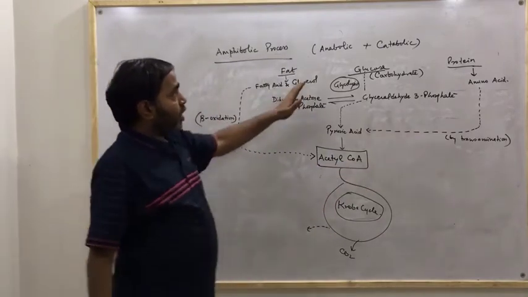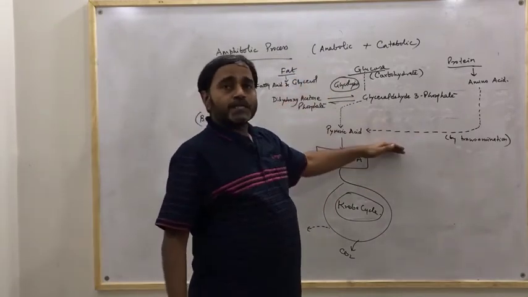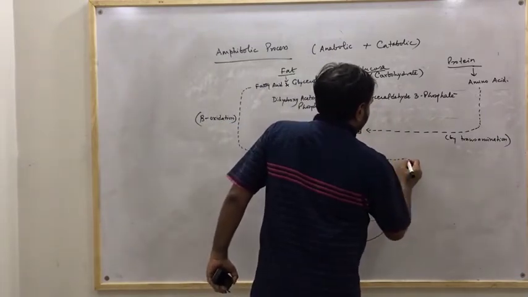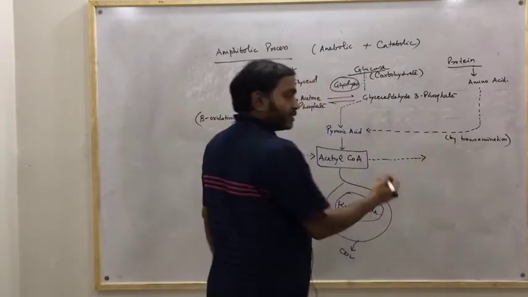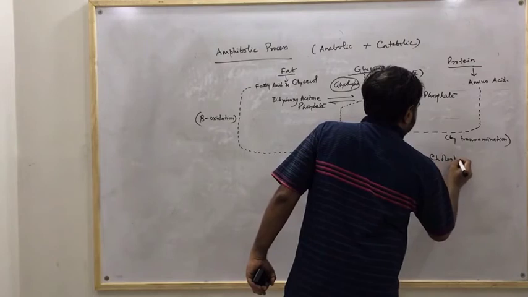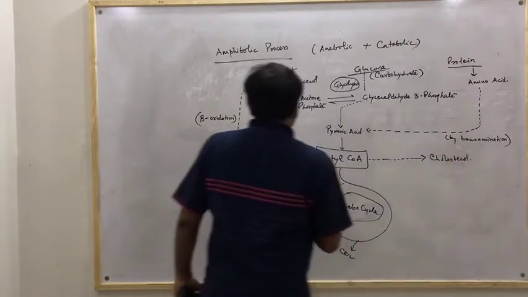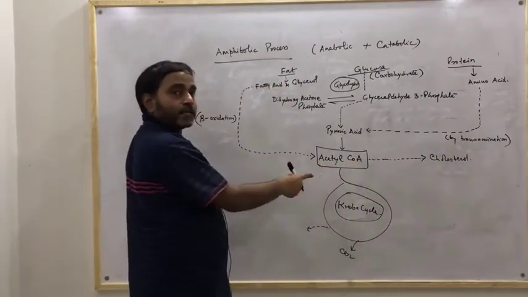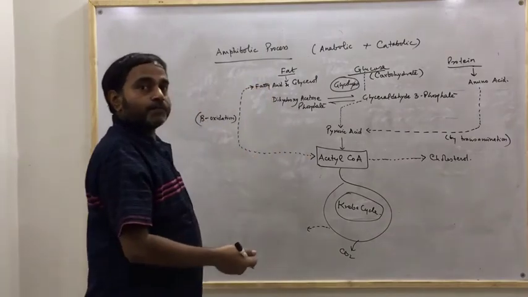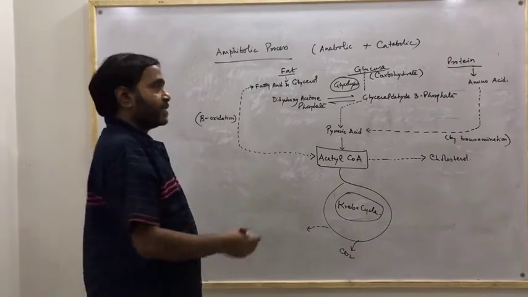That's why this is called an amphibolic process, because certain synthesis is also going on from acetyl-CoA. I already told you that the synthesis of cholesterol may occur. From this molecule, acetyl-CoA, fatty acids may also be generated, and this process is called lipogenesis.